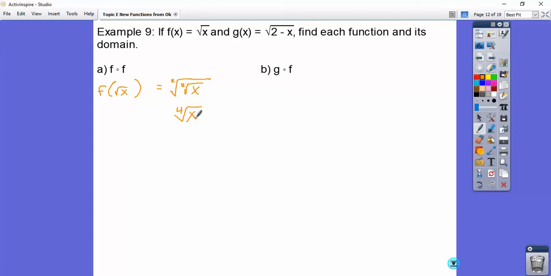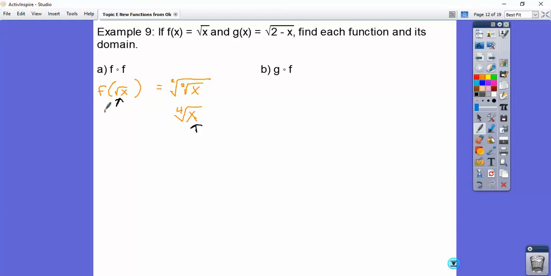Okay, when we talked about these domains last year, I told you that you had to look 2 places for your domain. You have to look at the first thing you plugged in and your final answer. We have to take both of those and put them together to get the overall domain. Now here, they're pretty similar, so it's not going to be too different.